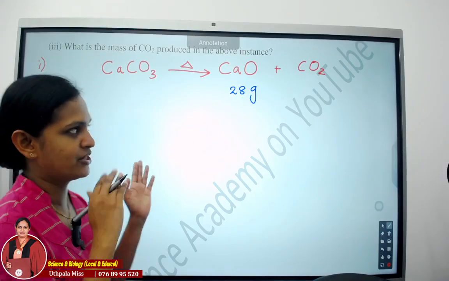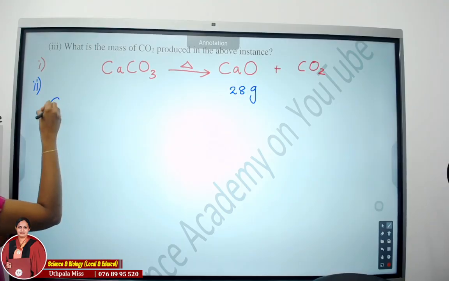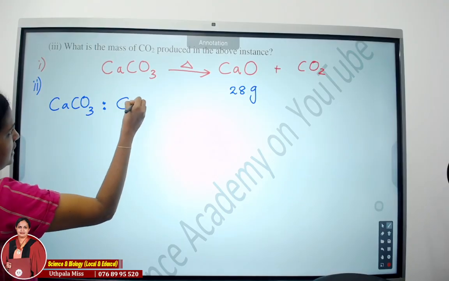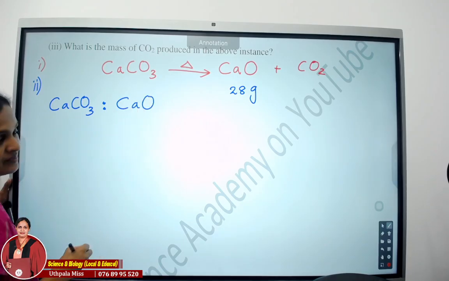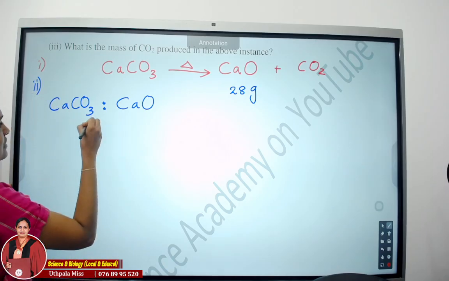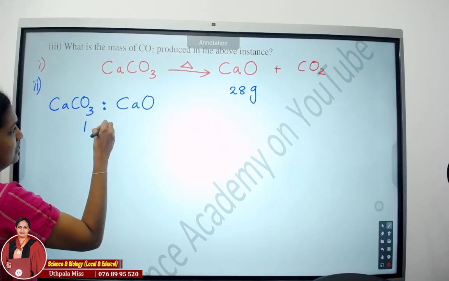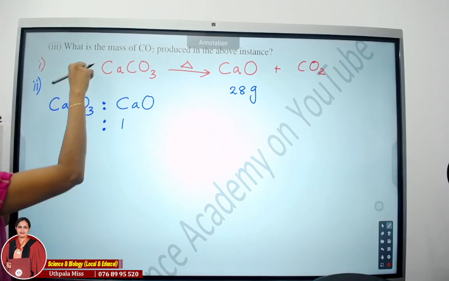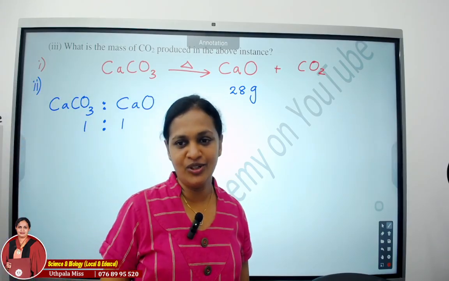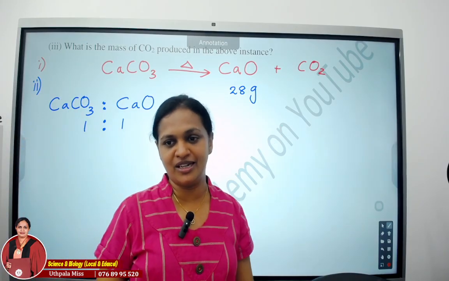Now the molar ratio is there. Molar ratio is calcium carbonate to calcium oxide. What is the molar ratio? Yes? What's the molar ratio? 1:1. නේද? කතා කරනවා නම් තව හොඳයි. 1:1 is the molar ratio according to the balanced chemical reaction.